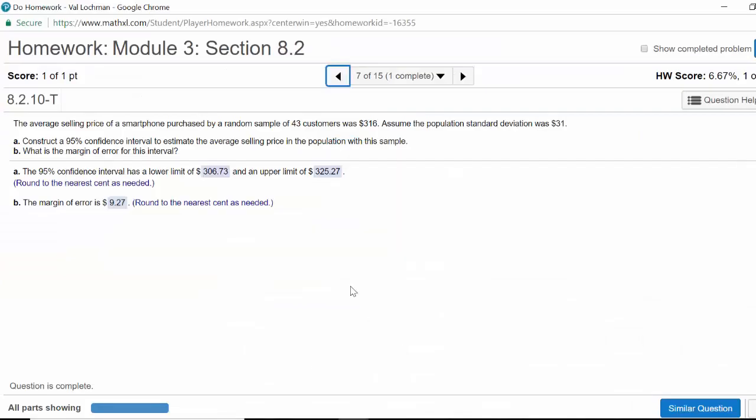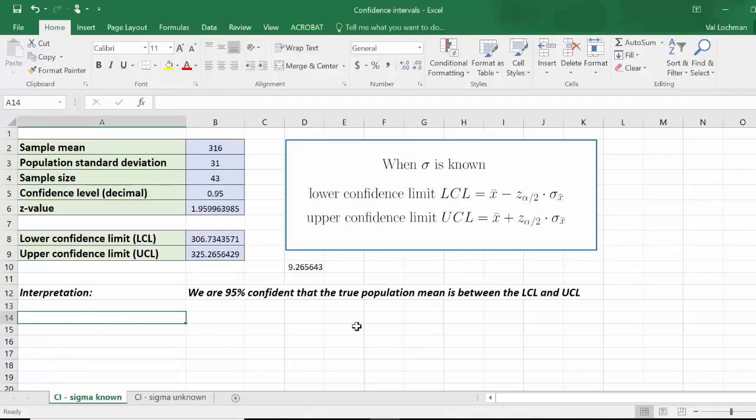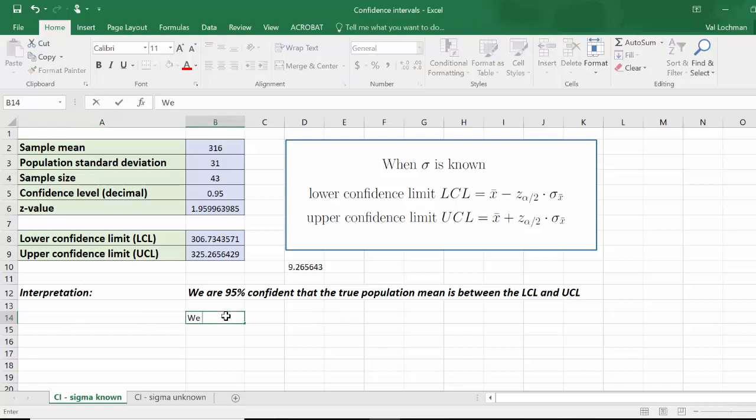So let's just say I wanted to write an interpretation. This problem right here is not asking you to write an interpretation, but let's say we were to do it. So what would be the interpretation for this problem? Okay, I would say we are 95% confident that the true population mean price for smartphones is between what?